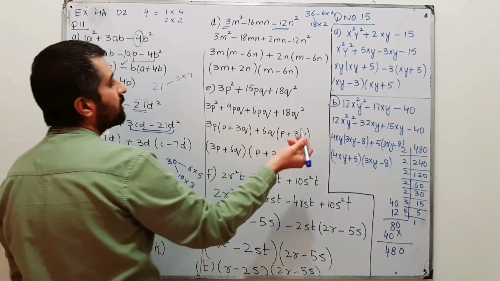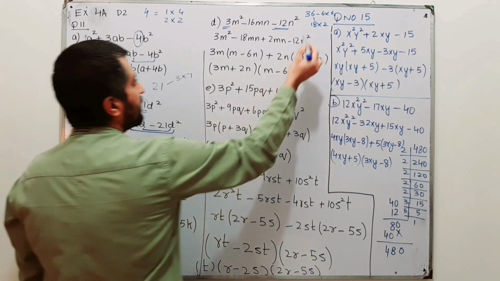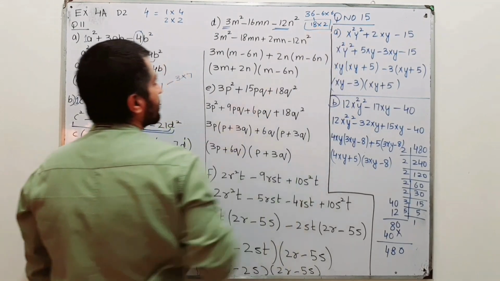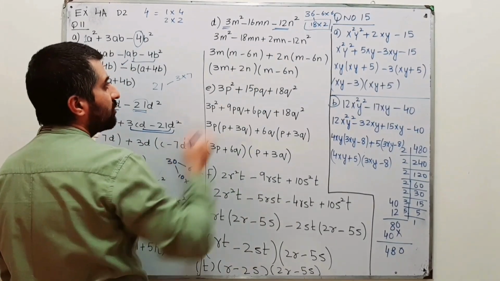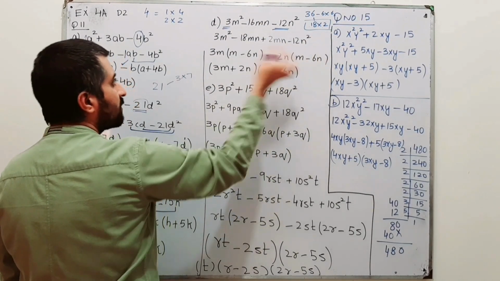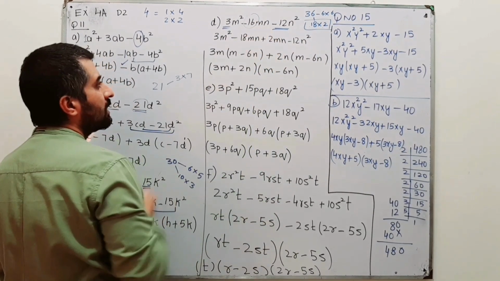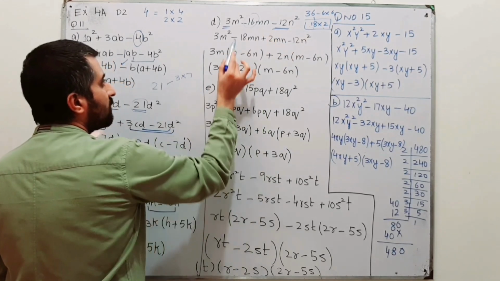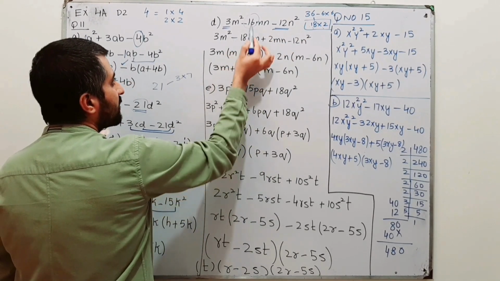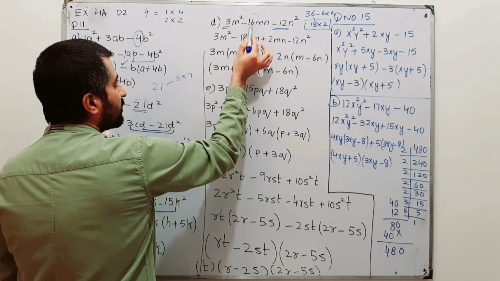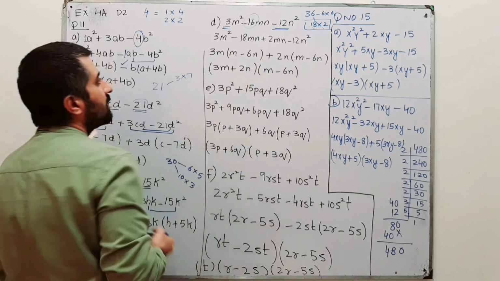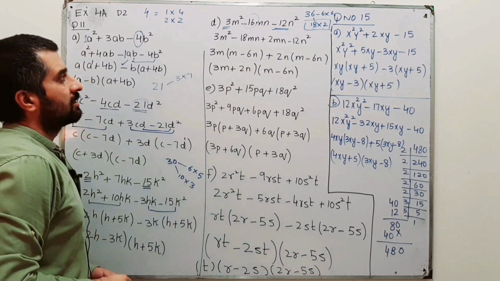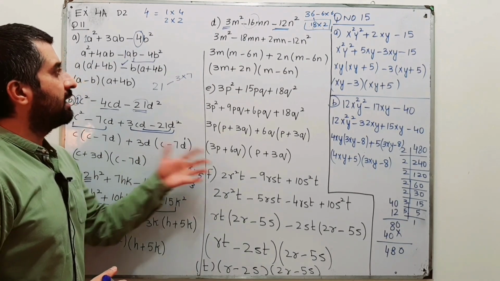We have 12 into 3 as well, but basically my purpose is fulfilled using these two factors, because 18 minus 2 will give me 16. I have to use that pair whose addition or subtraction will give me the middle term. 18 minus 2 is 16, so minus 18 plus 2. Why minus 18? Because 16 is minus. So if your middle term is negative, use minus with the bigger number so that your answer is the same as the middle term. The sign should be the same as the middle term has.